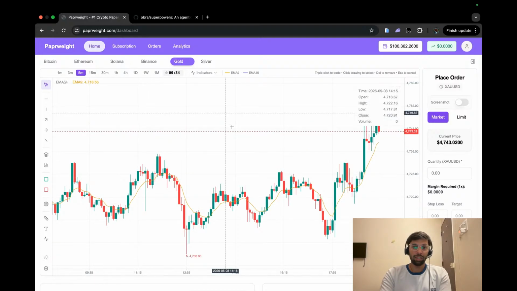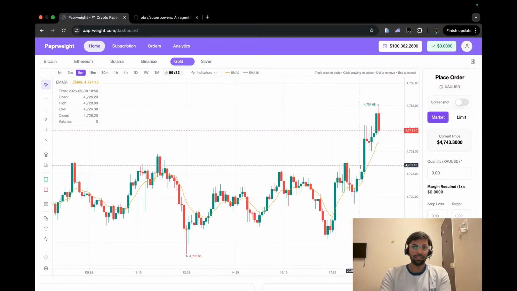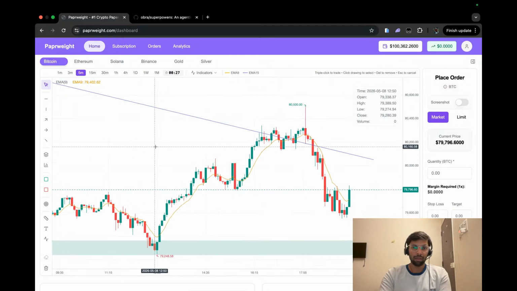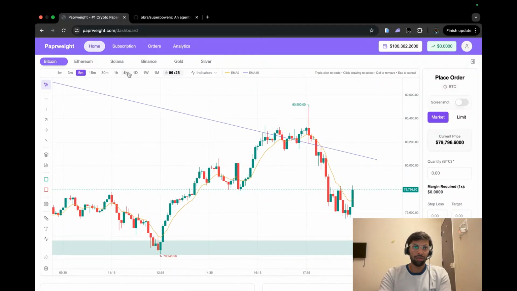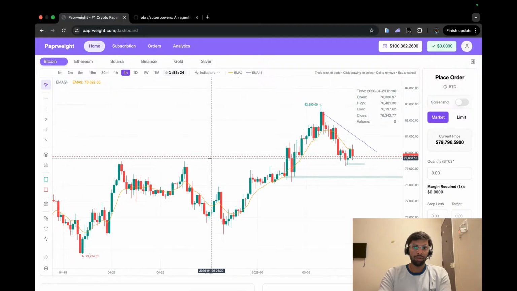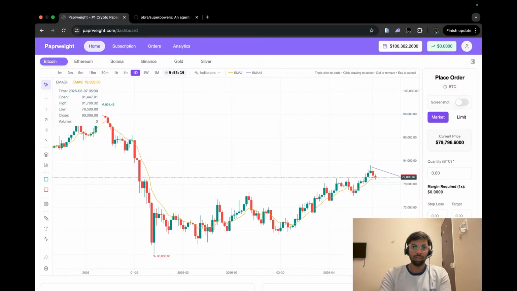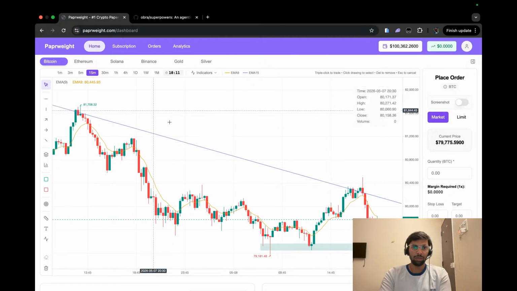So let's see what is happening in gold, and what is happening in Bitcoin. Bitcoin on the daily time frame, you can see that the market is strongly in the upside, but at the same time the last candle is a pullback candle, it can be a pullback candle as well. So no need to worry about this.